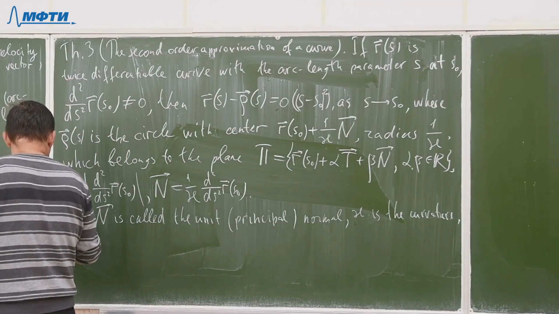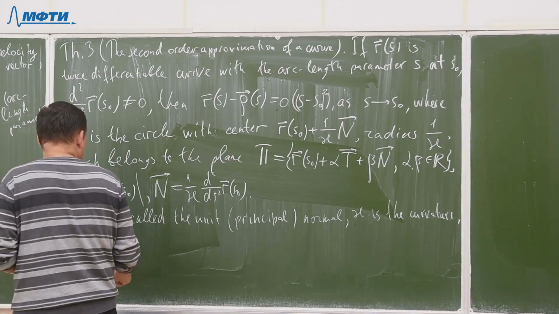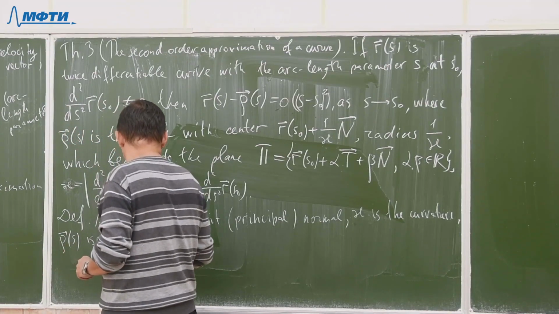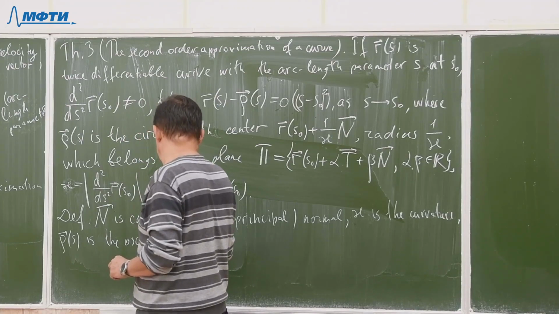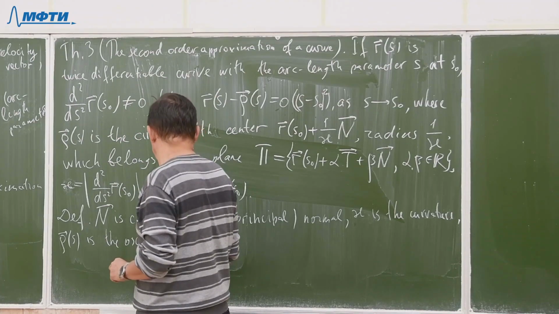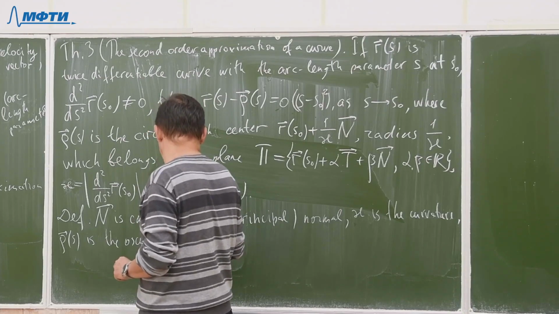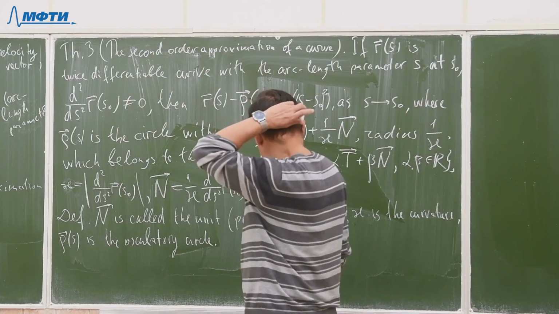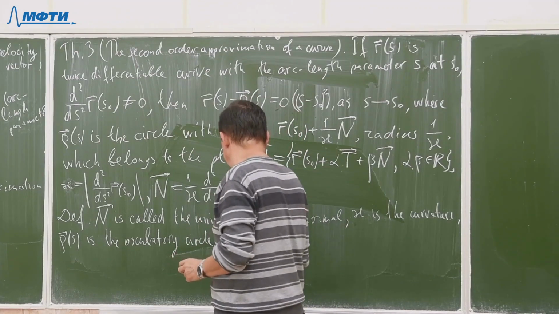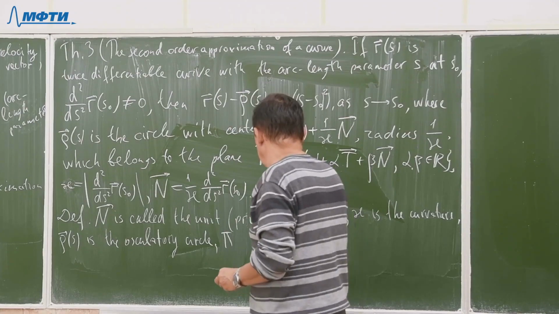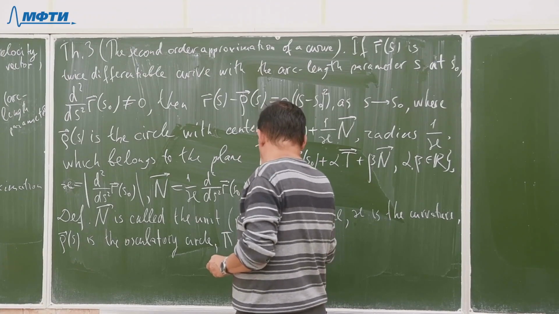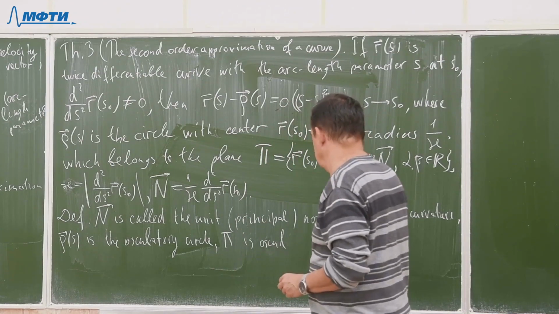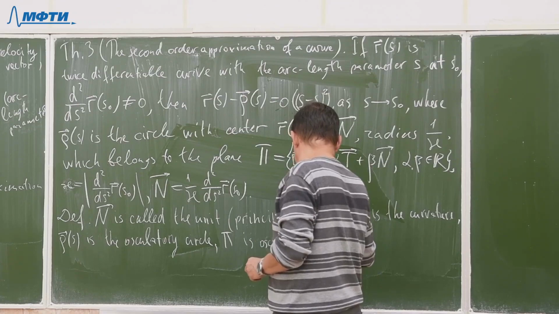Rho of S is the osculatory circle, and pi is osculating plane.